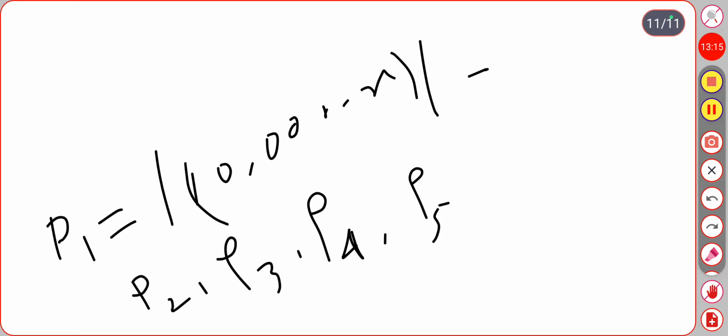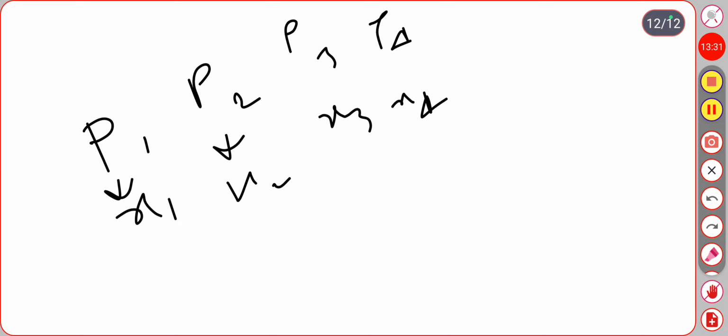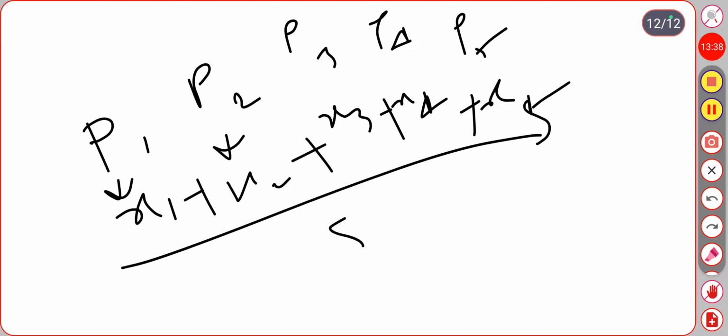Suppose we get x1 for p1, x2 for p2, x3 for p3, x4 for p4, and x5 for p5. We add them all up and divide by 5, and we get a value. That is the mean absolute deviation.